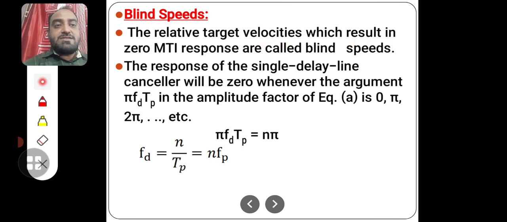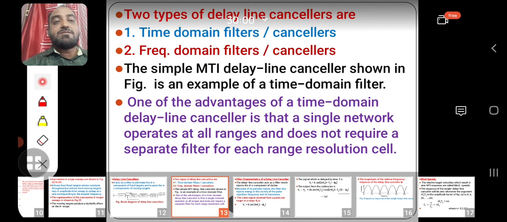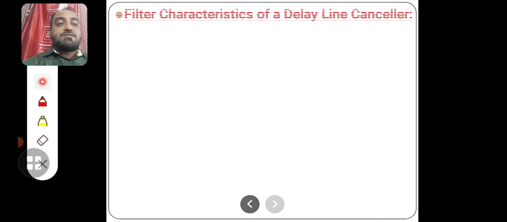The response of the single delay line canceller will be 0 whenever the argument π Fd Tp in the magnitude factor goes to 0, π, 2π, etc. That can be called nπ. Again, this can be written as Fd = n/Tp = n Fp, that is Fp, 2Fp, 3Fp, where Fp is the pulse repetition frequency.